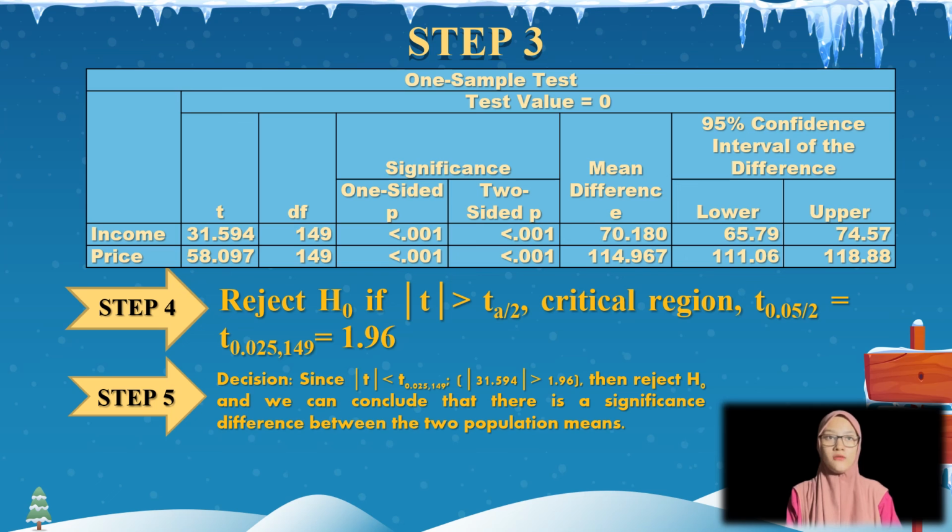This is the result we have obtained using these 5 steps of the t-test. We find 31.594 is more than 1.96, so we reject H0 and conclude that there is a significant difference between the two population means.